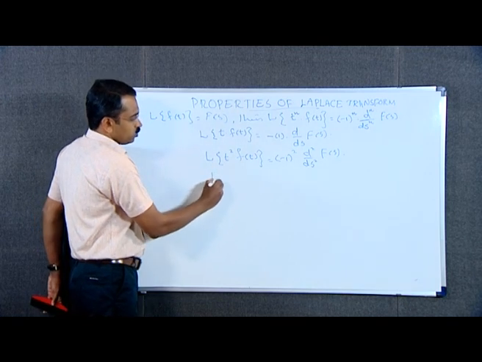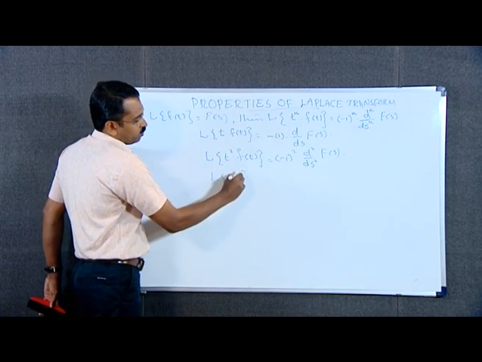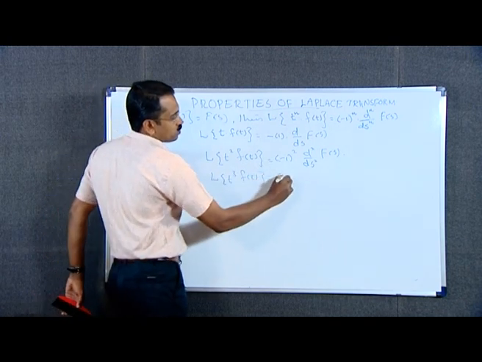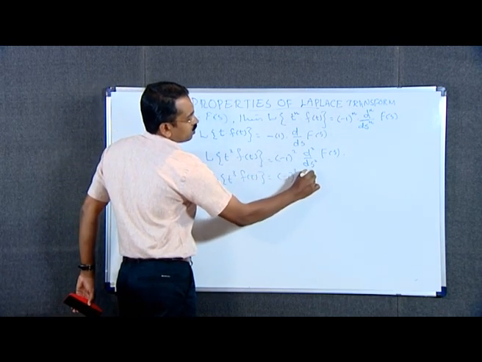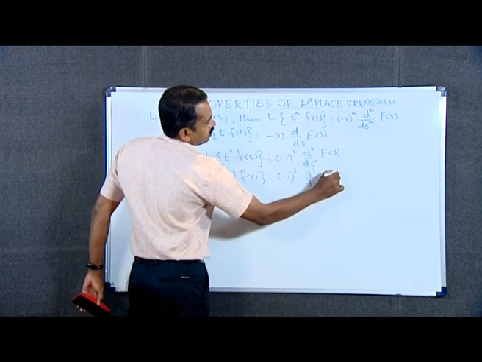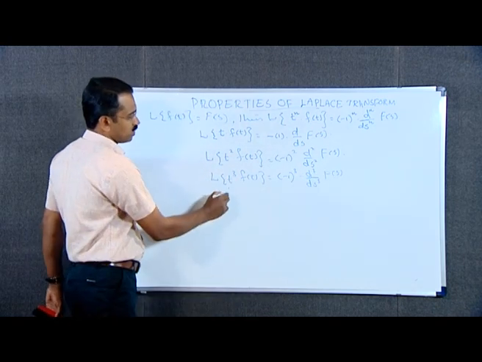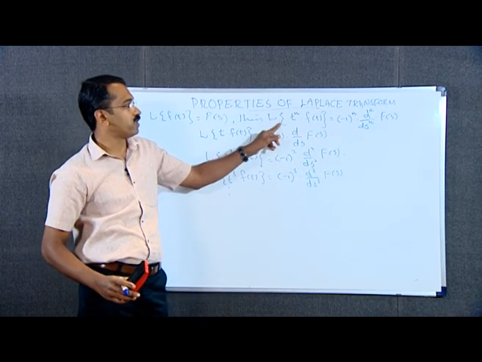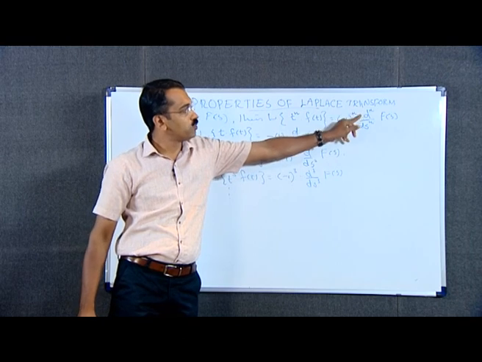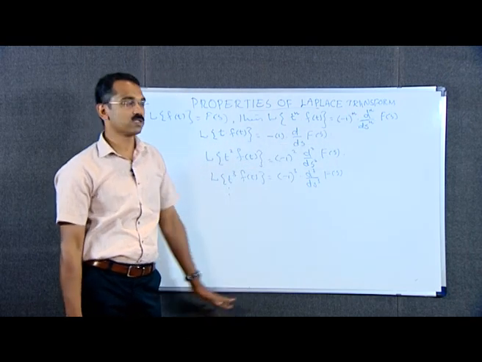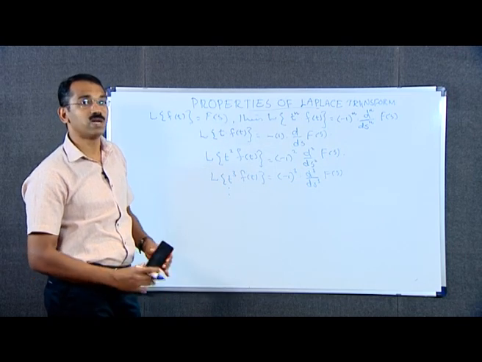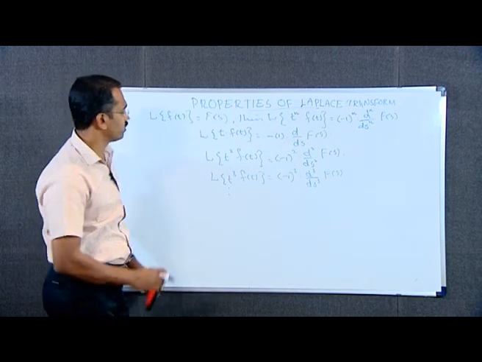For n equal to 3, L of t cube into f of t is equal to minus 1 raised to 3 into the third derivative of f of s with respect to s, and so on. In general, L of t raised to n into f of t is equal to minus 1 raised to n into the nth derivative of f of s with respect to s. This is the property of multiplication by t raised to n.